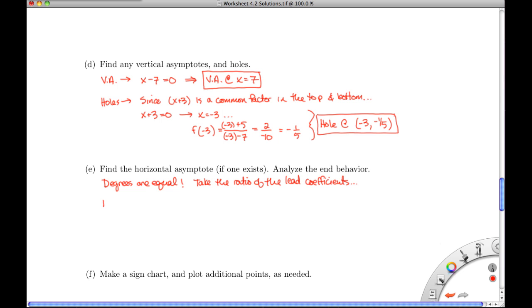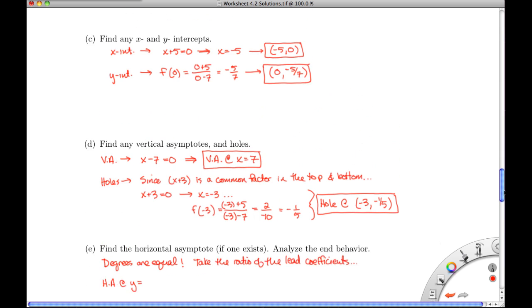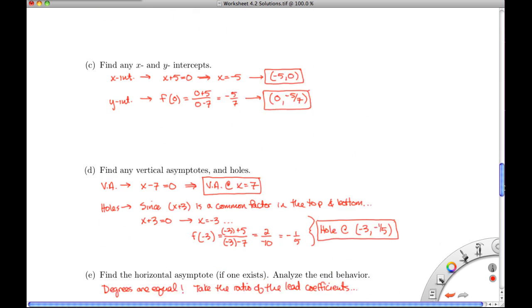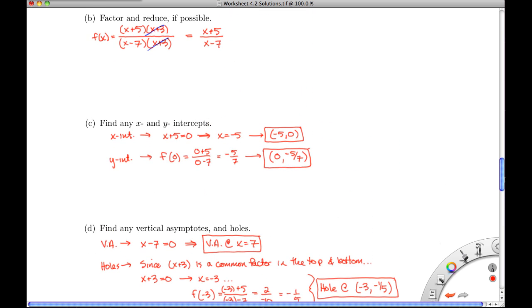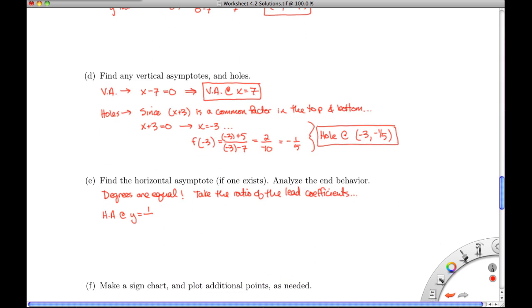So we're going to have a horizontal asymptote at y is equal to the lead coefficient of the top, which is going to be 1, divided by the lead coefficient of the bottom, which in this case is also 1. So we can conclude that we have a horizontal asymptote at the line y equals 1.